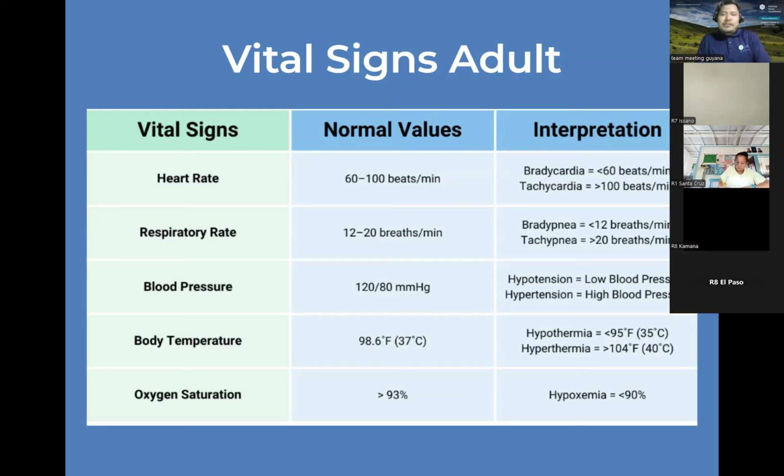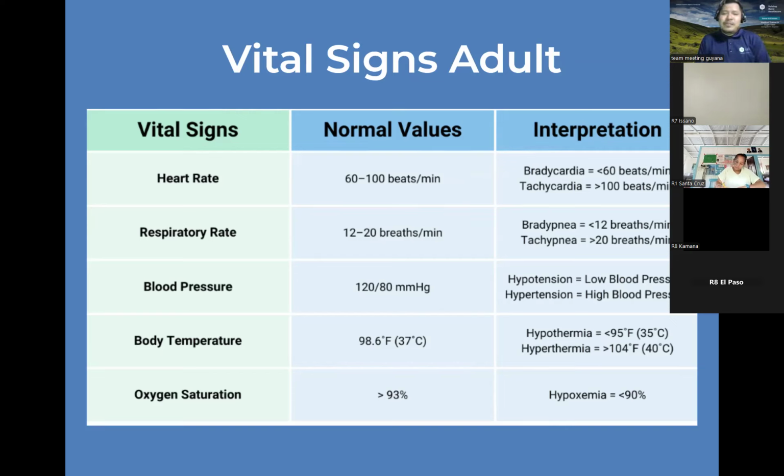The normal blood pressure range should be 70 to 90 diastolic and 100 to 170, sorry, 100 to 120 systolic. So we all know in textbooks they say the normal blood pressure should be 120/80.